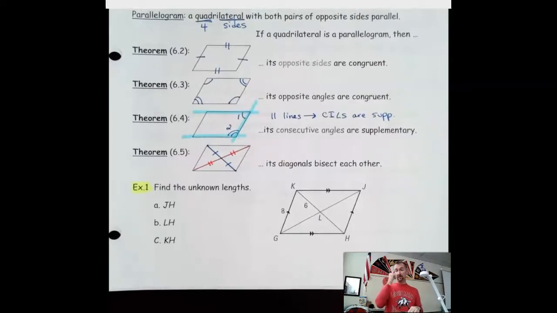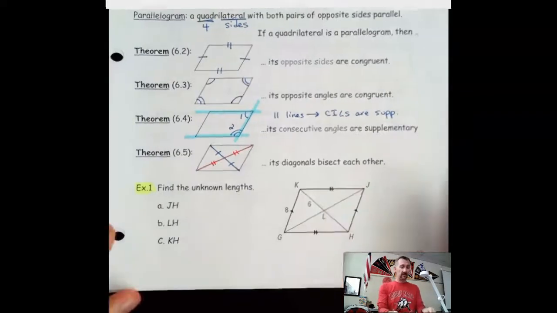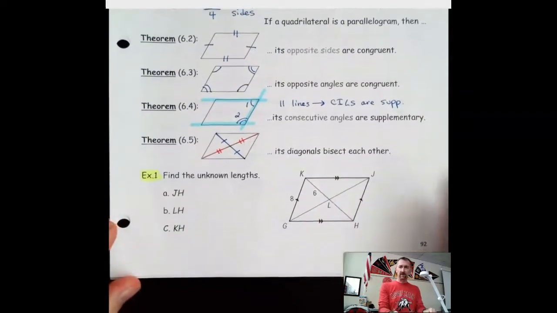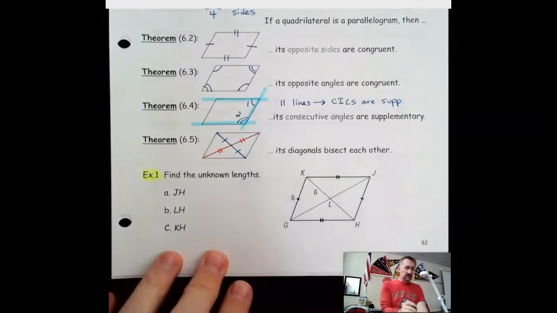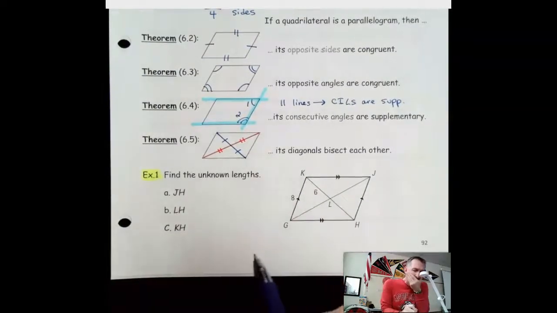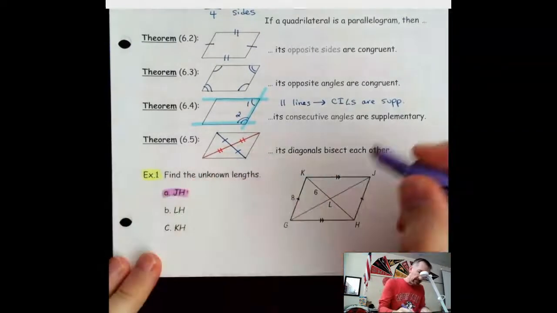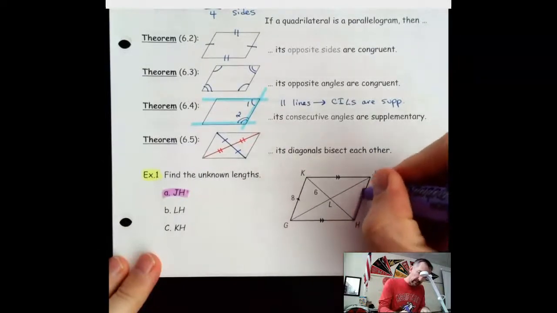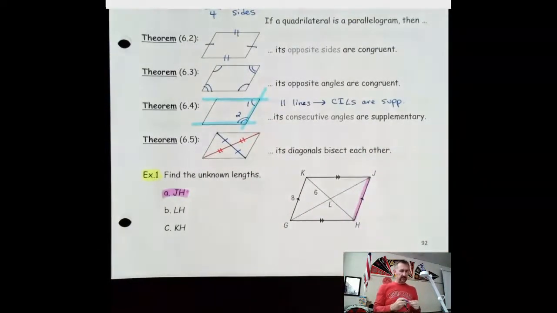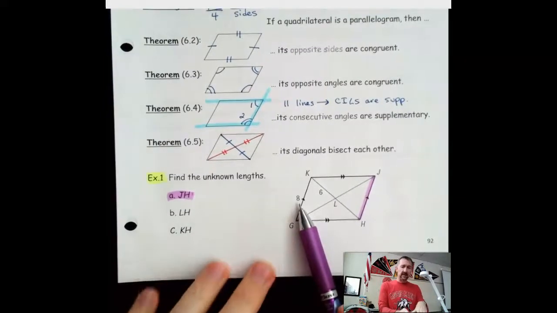So we want to remember those things, and as we see parallelograms, we can use that information to figure things out. So JH is over here. So JH is right there. So if we think about that, we can see that this side is 8.